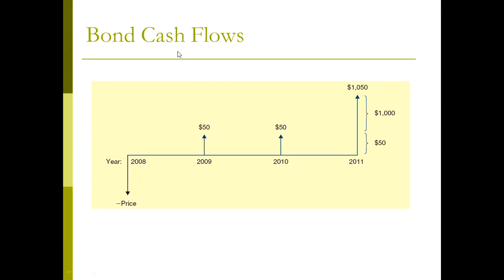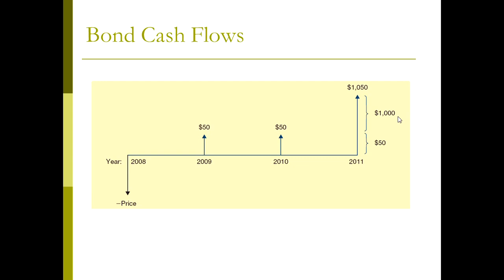Okay, let's take a look at the bond cash flows. Suppose you purchased the bond in 2008. You pay a price, so negative price, you paid this price. Face value is $1,000. Suppose the coupon rate is 5%. 5% of $1,000, $50, is going to be the coupon payment.